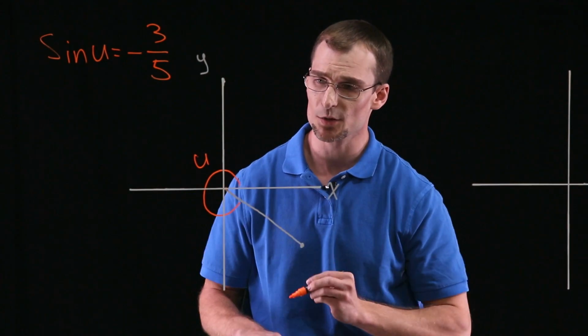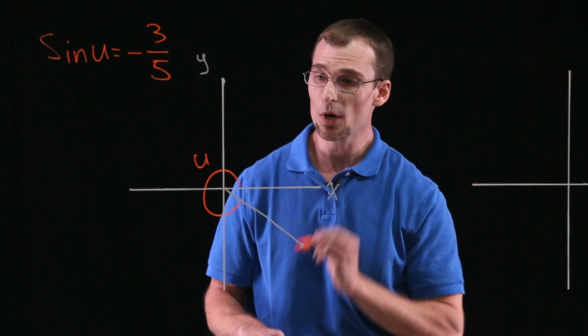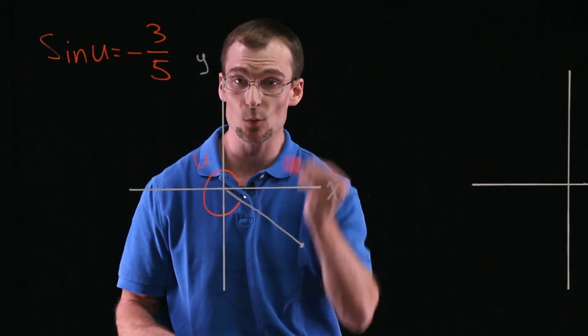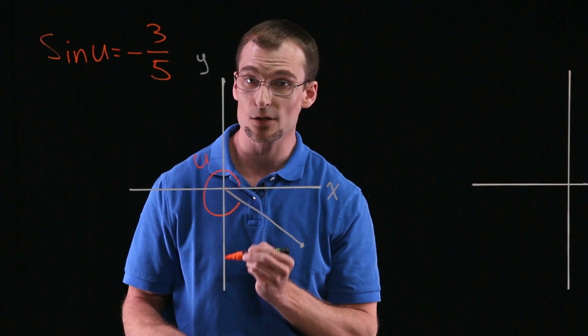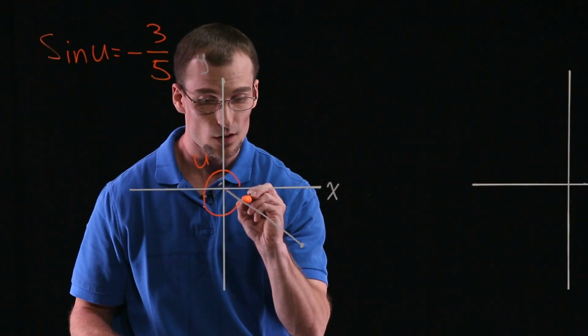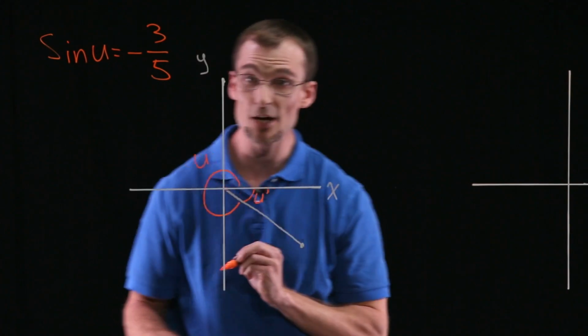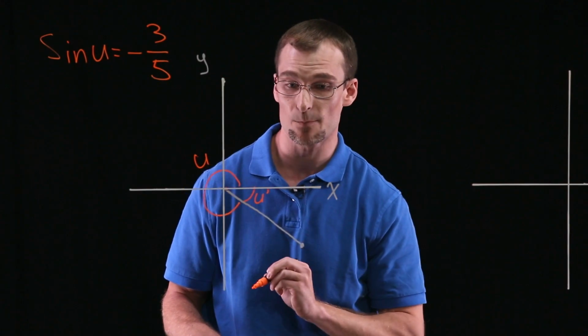Okay? Now how do we deal with this before? Well, there's two different ways. One way that we dealt with this is by looking at some angle, namely in some quadrant other than the first, we can consider the acute angle to the x-axis, which is our reference angle, which we'll call u prime.